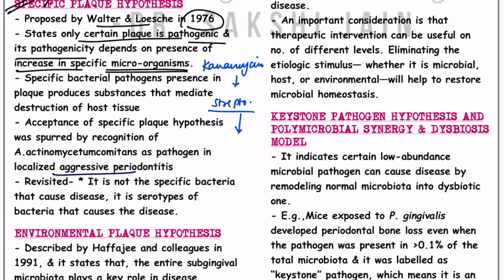Now the next plaque hypothesis is the environmental plaque hypothesis, described by Socransky and colleagues in 1991, and they stated that the entire subgingival microbiota plays a role in the periodontal destruction.